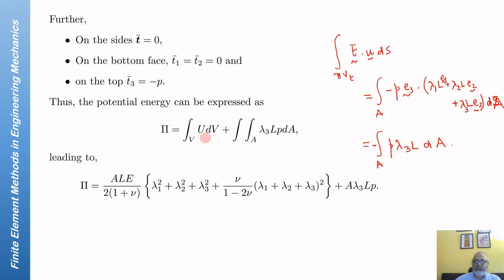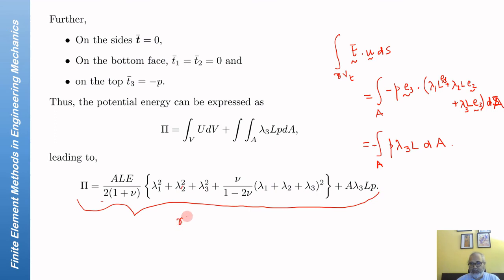You have to subtract the potential of the loads from the strain energy. This is the strain energy, so you get a plus sign here, and now you can carry out this integration, and this is the total potential energy that you get. The first term is the strain energy, this is the potential of the loads. Now this is a function of lambda 1, lambda 2, lambda 3, we know everything else.